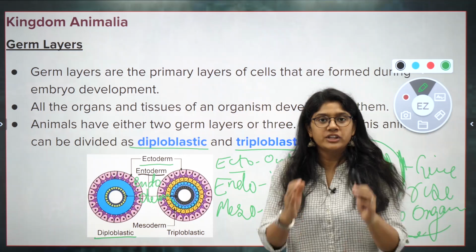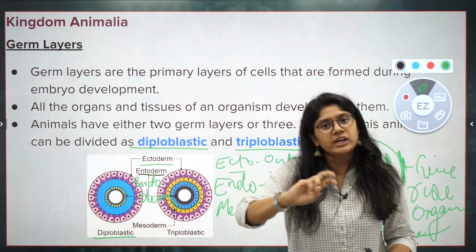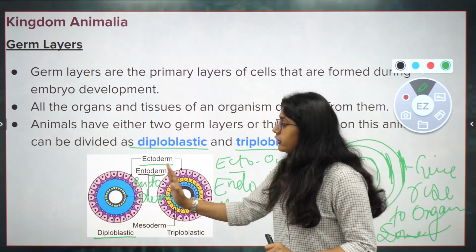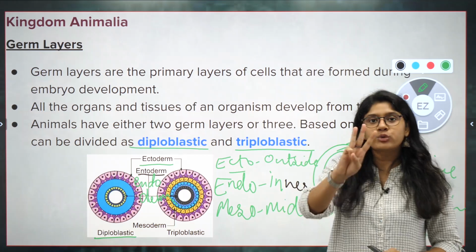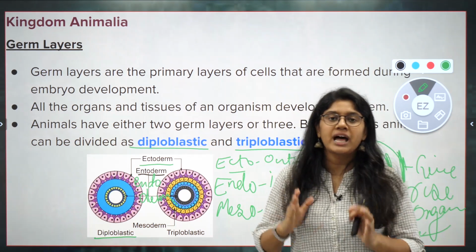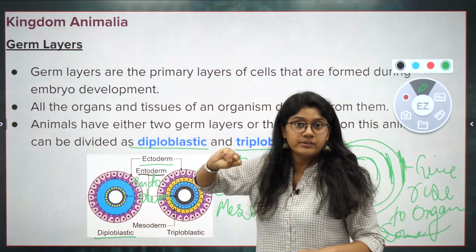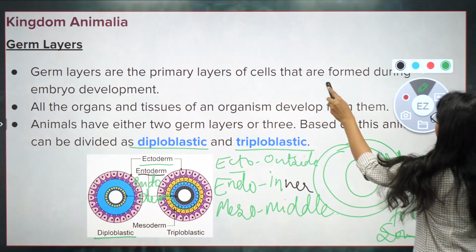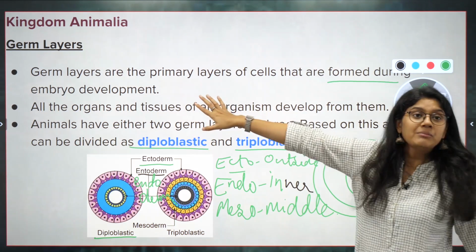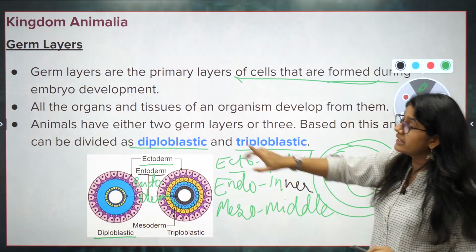So now the organisms can be diploblastic, meaning they have only 2 layers, and they could be organisms with 3 layers, which are called triploblastic. Based on that, we can divide the animals. What is it called? It's called the germ layer. Germ layers are the primary layers of cells that are formed during embryo development.